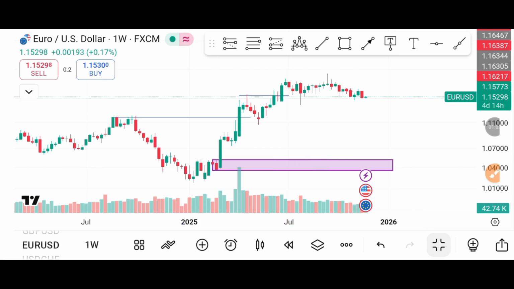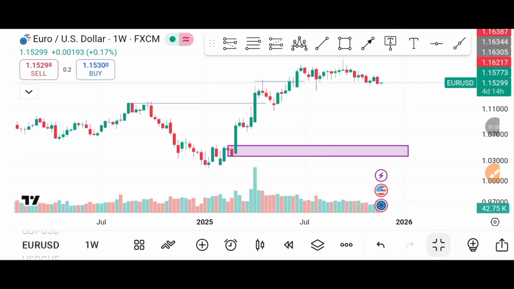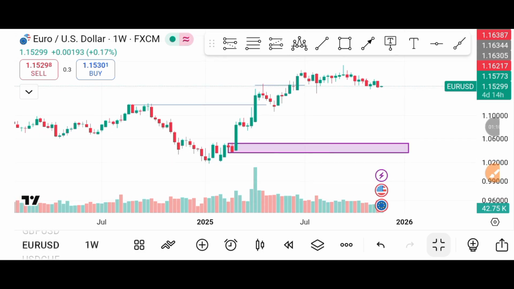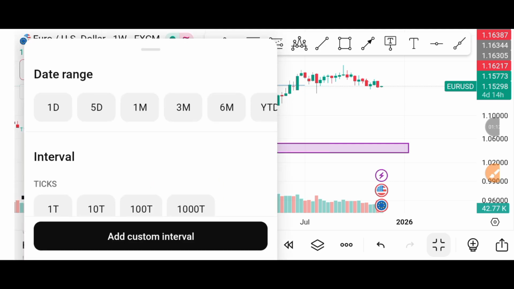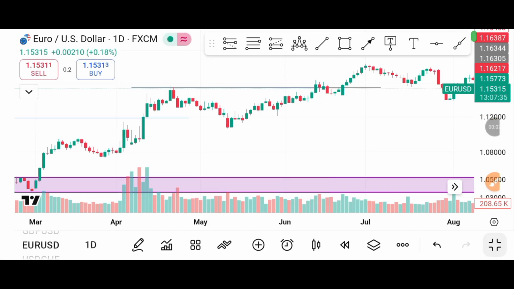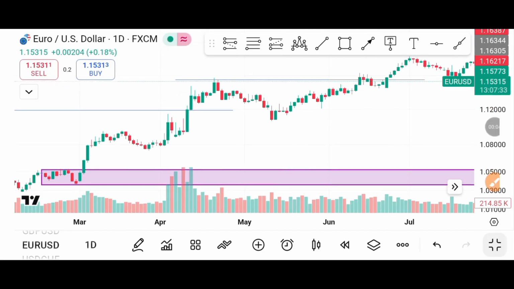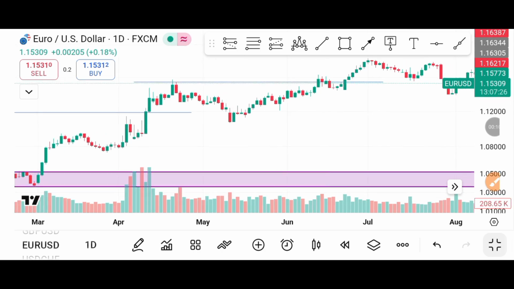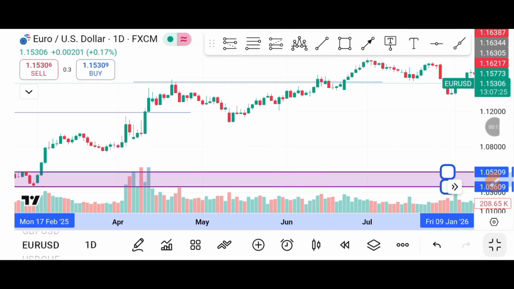And we also have one more order block that caused this break of structure, but we'll scale down to the lower time frame, the daily time frame, to see what we have. Now this is the daily time frame, guys. We've just scaled down from the weekly, and this area we marked out previously is still very much relevant.